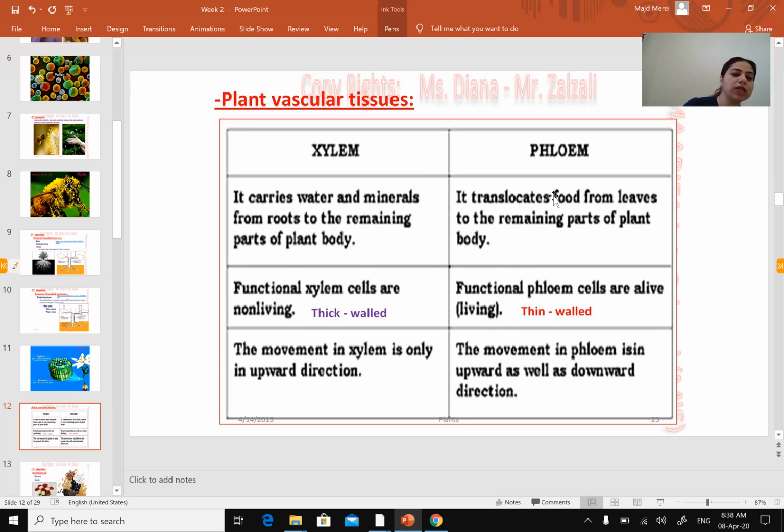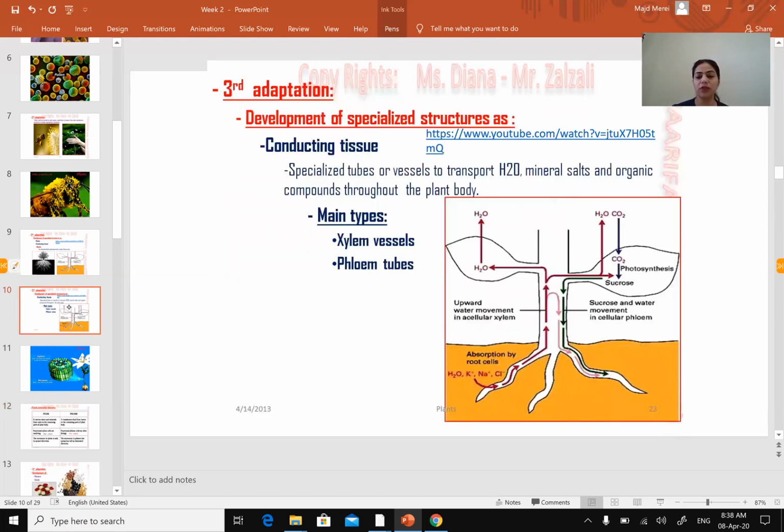While you are watching the second video, I want you to notice two other differences between xylem and phloem. Until now, you learned that xylem transports water and minerals from roots to stem and leaves, so upward movement. Phloem transports sucrose and amino acids, or as they will mention in the video, glucose and amino acids, throughout the plant, so upward and downward.